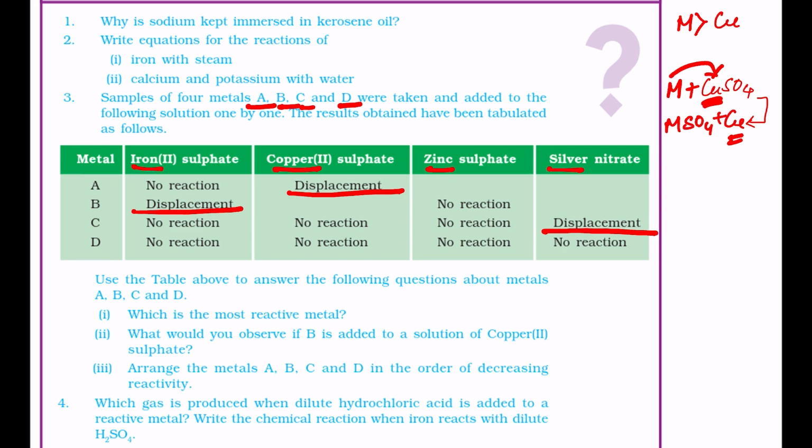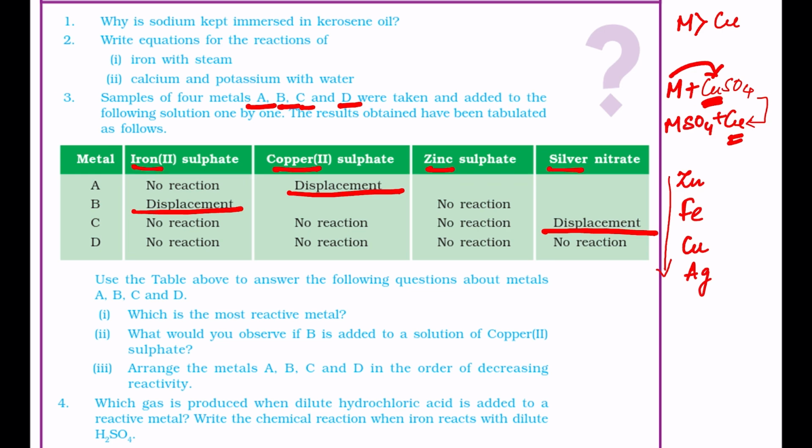So the reactivity order of these metals is: zinc is more reactive than iron, iron is more reactive than copper, and copper is more reactive than silver. So going down from zinc to iron, the reactivity decreases. It means zinc is more reactive than iron, so zinc displaces iron from its salt.